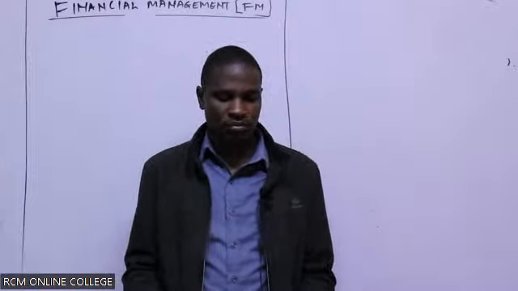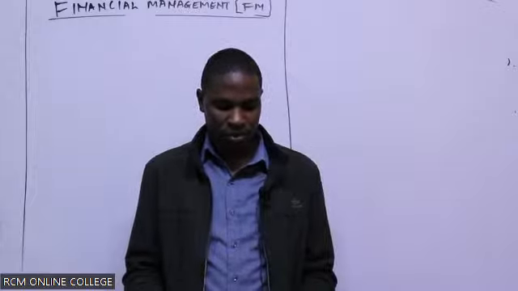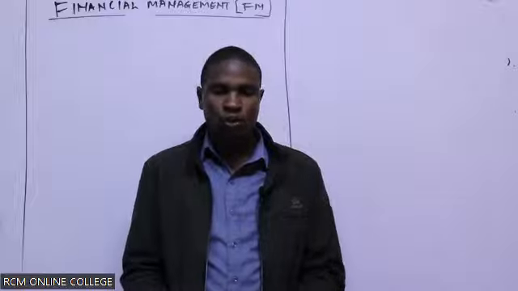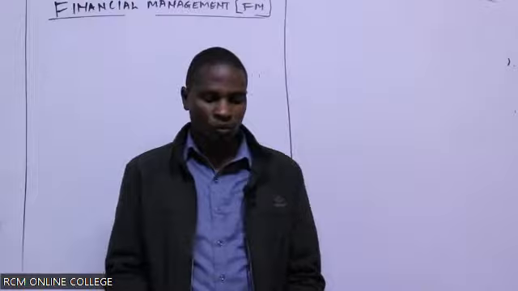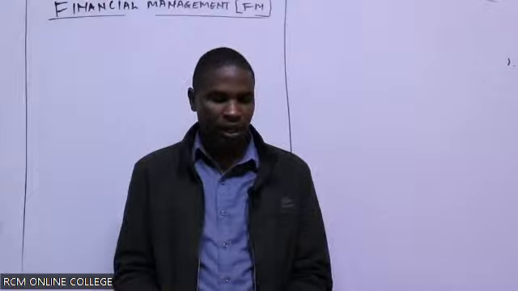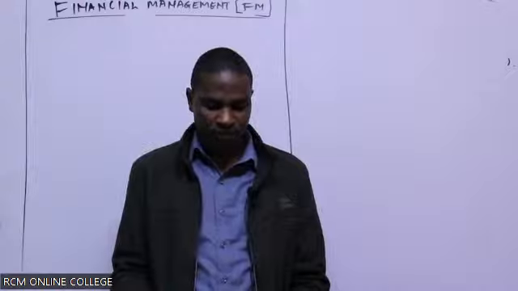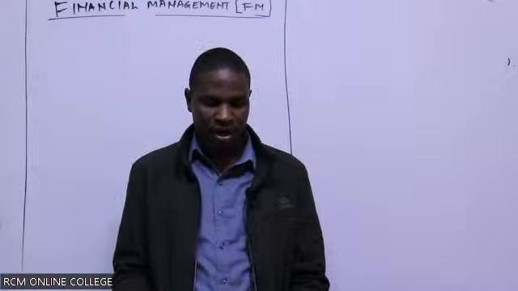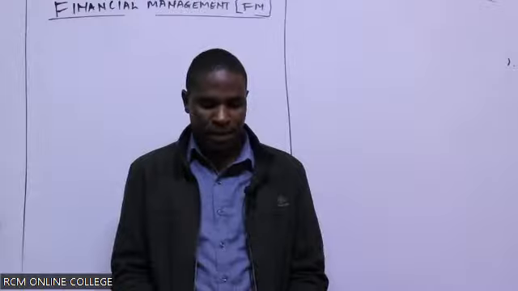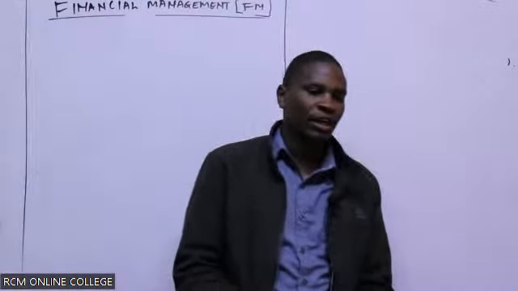Good. Now we need to look at this and see how we can handle it. The first thing that they want us to have here is the break-even quantity of sales in units.